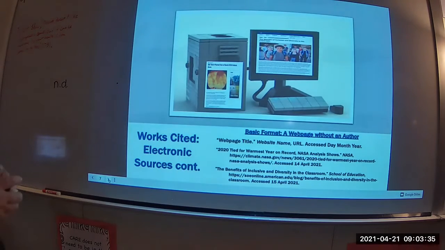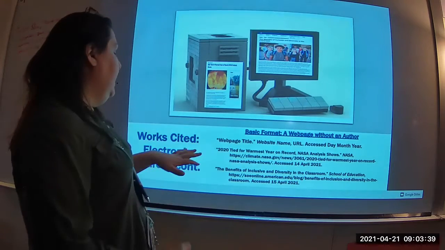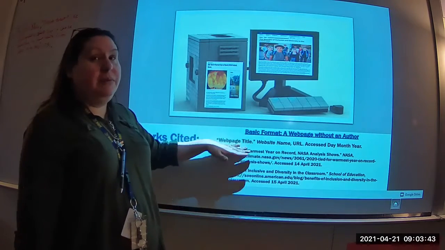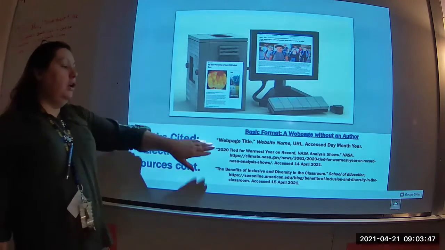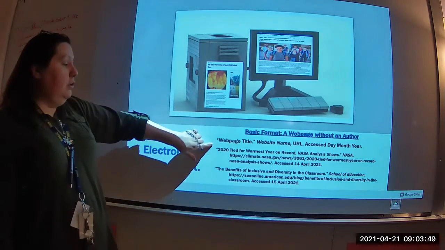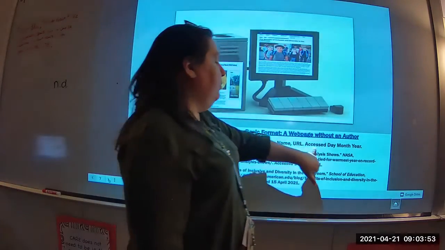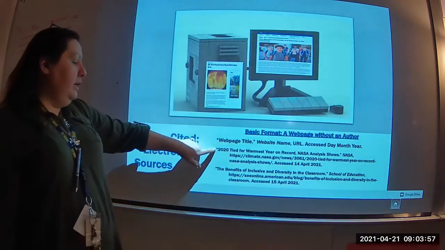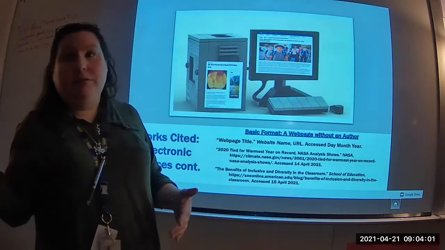All right. For a web page without an author, you're going to set it up by the web page title. You're going to just leave that alone, but it's still going to be alphabetized with all the ones with author names, okay? So Noah's would come before this. So you would put the web page title, then the website name, URL, and then the date accessed. If it starts with a number, numbers come before the alphabet, okay?